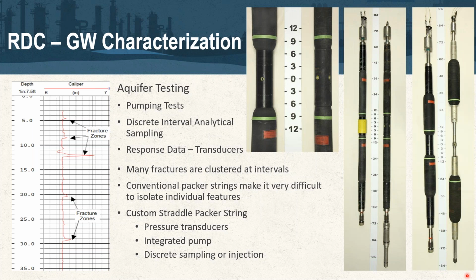Coupled with transducers in the surrounding formation, this allows us to look at hydraulic characteristics during pumping tests, not only within the borehole itself, but within the surrounding formation closest to the point of pumping from that well.